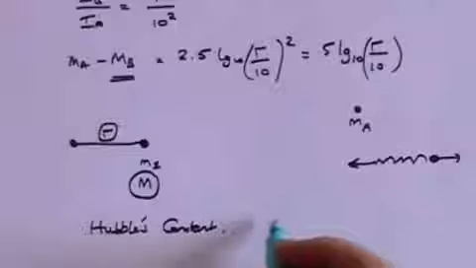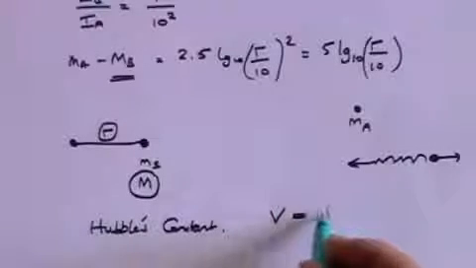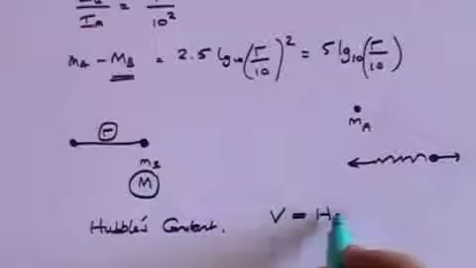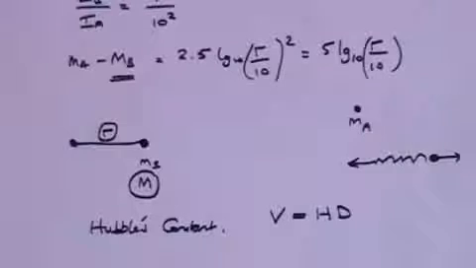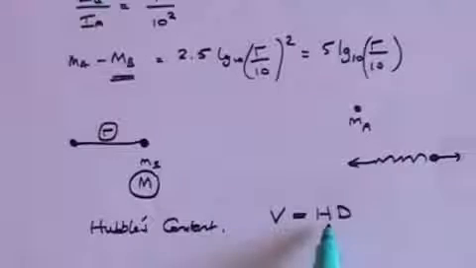And what he showed was that the velocity of a star is equal to Hubble's constant times its distance. So if you can find the redshift frequency, then you can calculate the velocity directly, and if you know Hubble's constant, you can calculate the distance of that star.